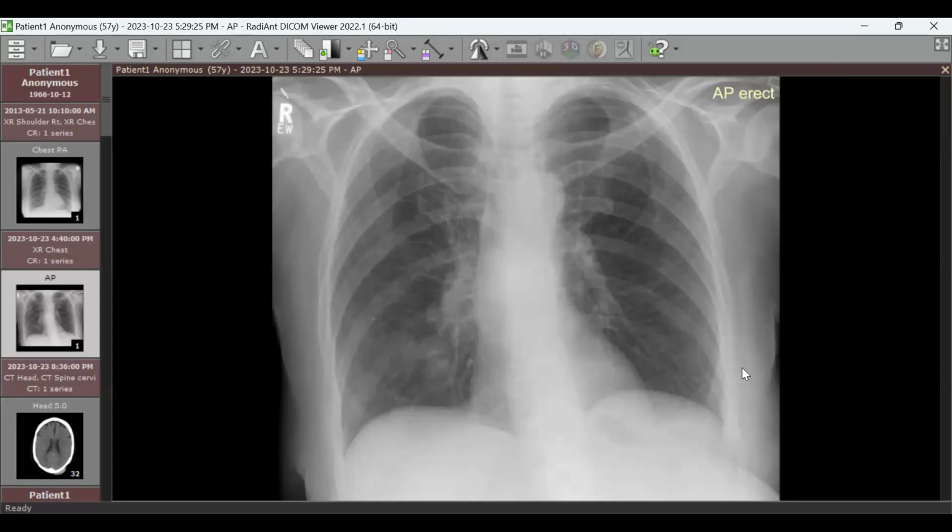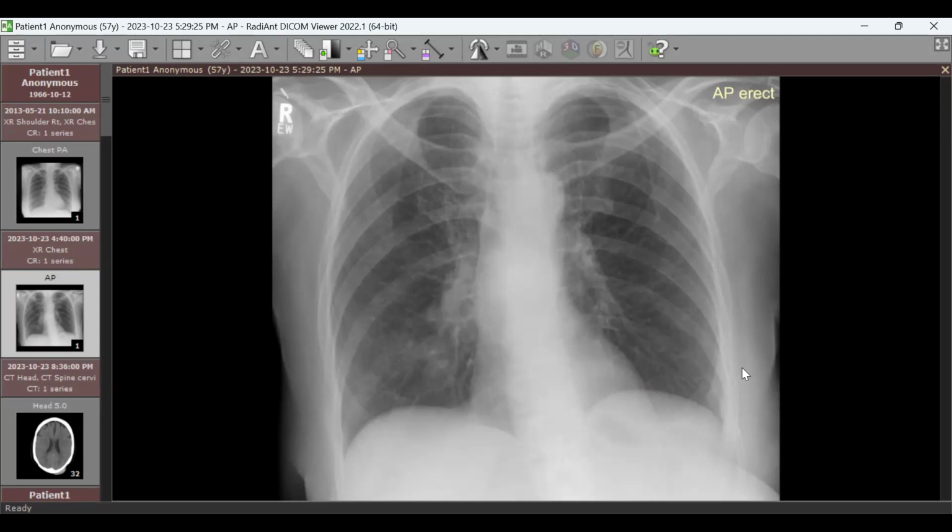This is an AP erect chest radiograph of a mature patient. There's no rotation. The exposure is good, and it's an inspiratory film. Actually, at first look, I agree with you, nothing abnormal.